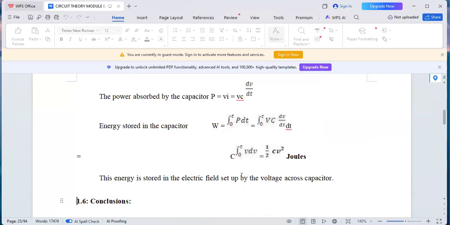So we can confidently say the energy stored in a capacitor is equal to C times the integral of V dV. And this will become 1 over 2 CV squared.